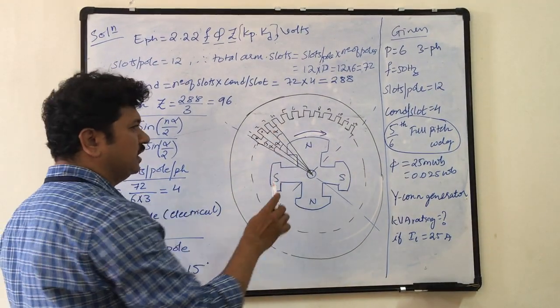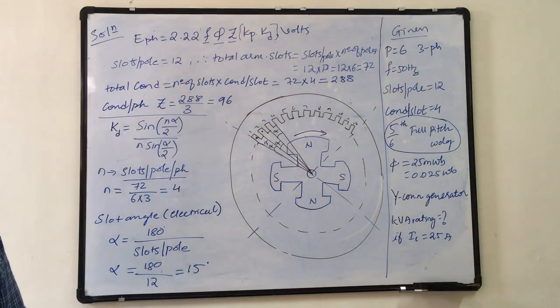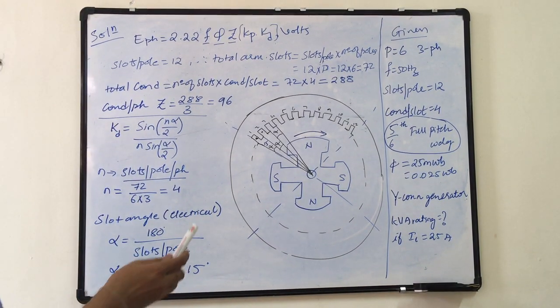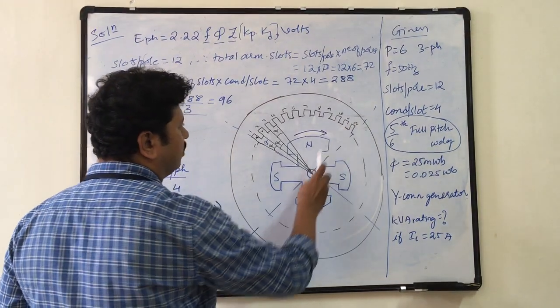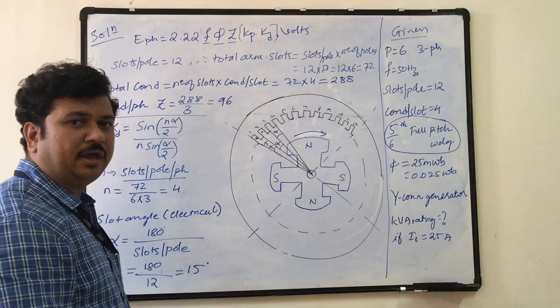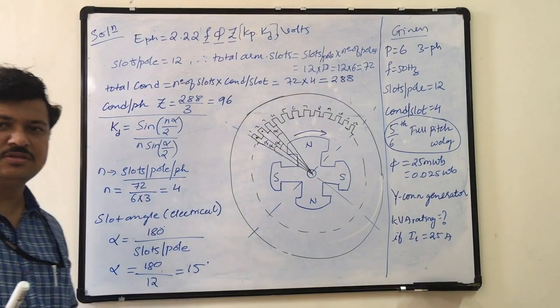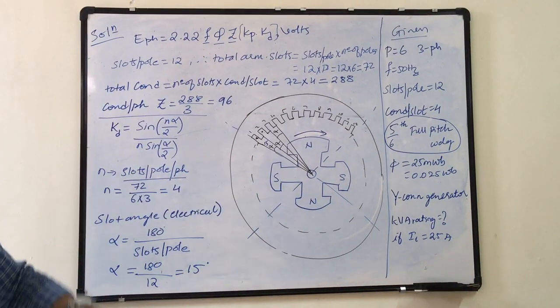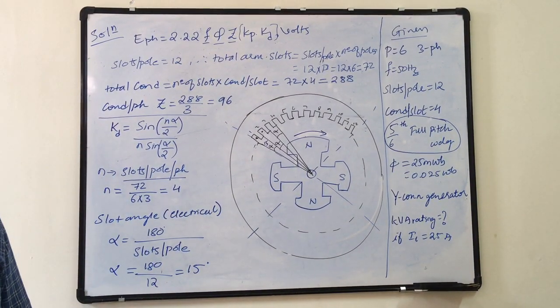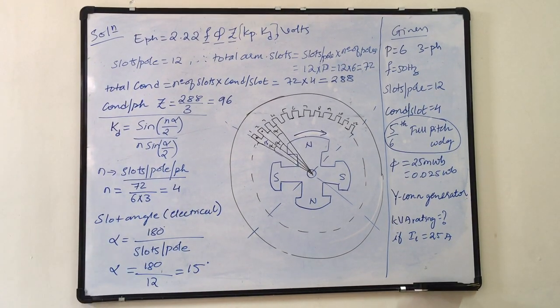The EMF induced in the third conductor will be lagging behind the second conductor by 15 degrees and the first conductor by 30 degrees. So the EMF induced in the last conductor, 12, will be lagging 180 degrees with respect to the first conductor, because 180 degrees is completed. So this is the significance of slot angle.